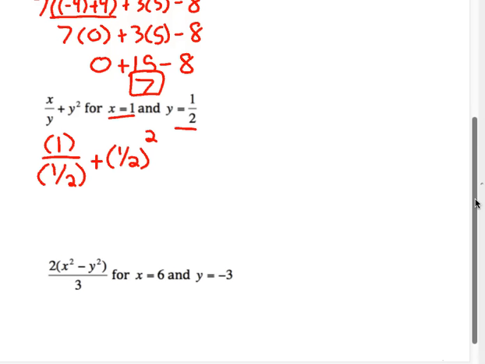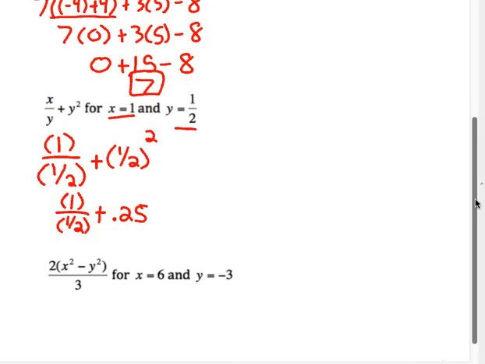Okay, 1/2 squared. And again, this is where it's very important that you have the parentheses around the 1/2. 1/2 squared is going to be 0.25. So I have 1 over 1/2 plus 0.25. So I've taken care of my exponent.